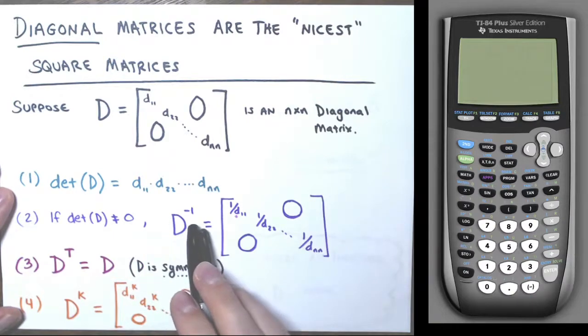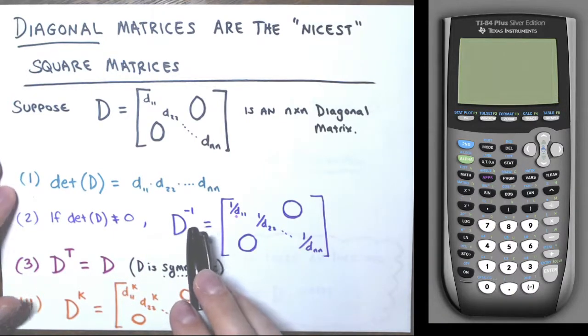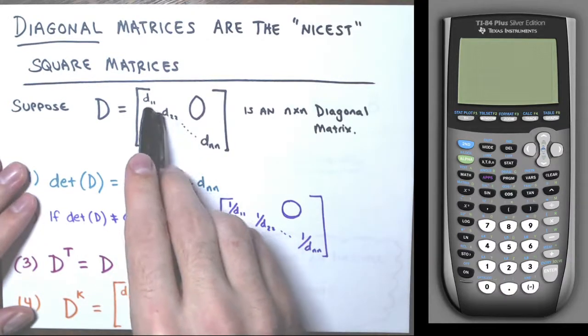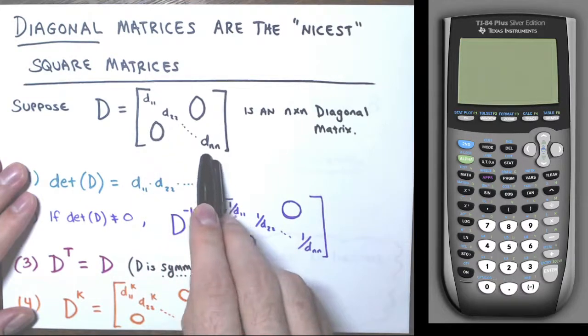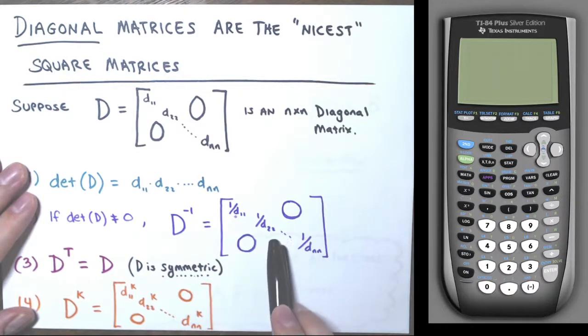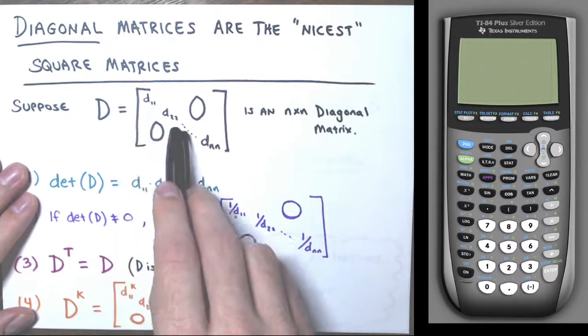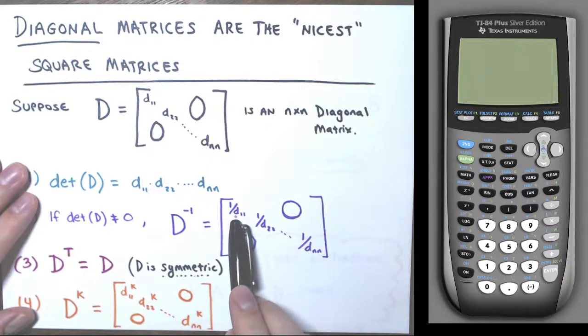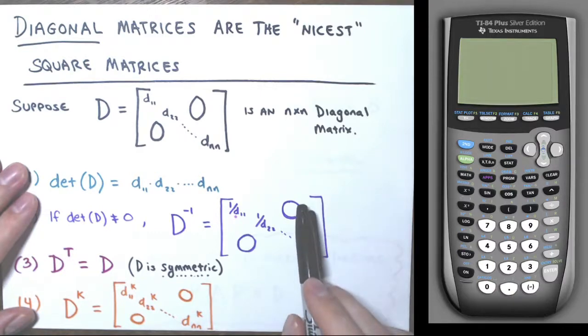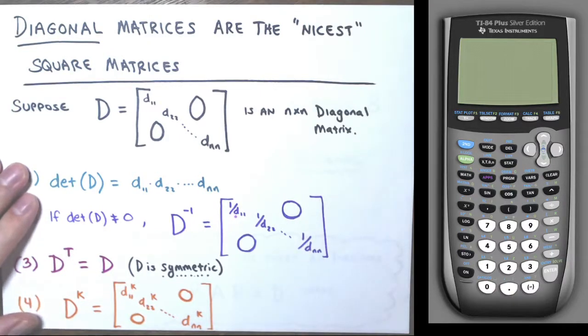The inverse of a diagonal matrix is another diagonal matrix, which is very simple. The main diagonal entries of its inverse are simply the reciprocals, or multiplicative inverses, of the main diagonal entries of the original matrix: 1 over d11, 1 over d22, all the way down to the nth row, nth column, 1 over dnn. Again, every entry off the main diagonal is a 0.